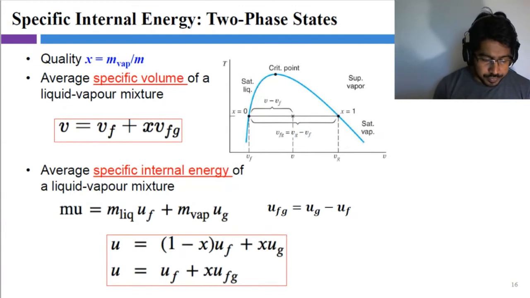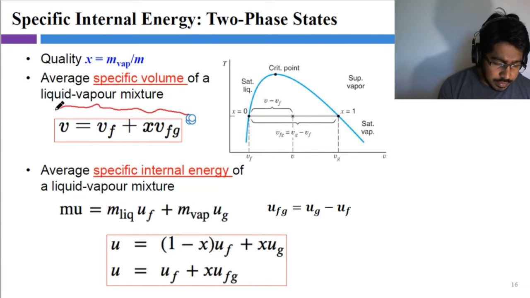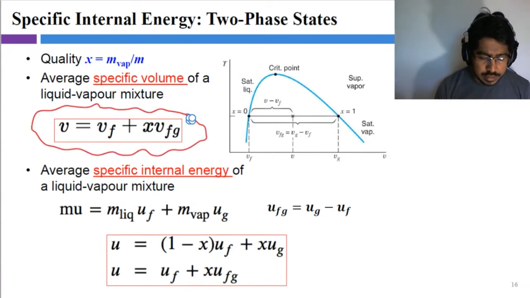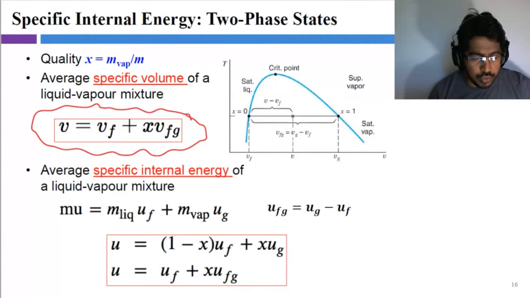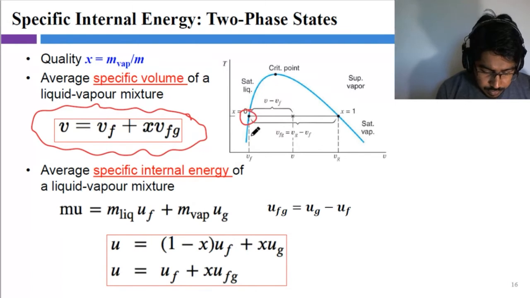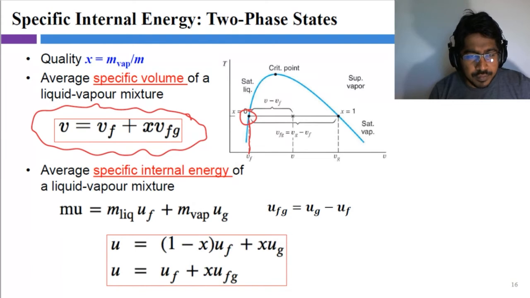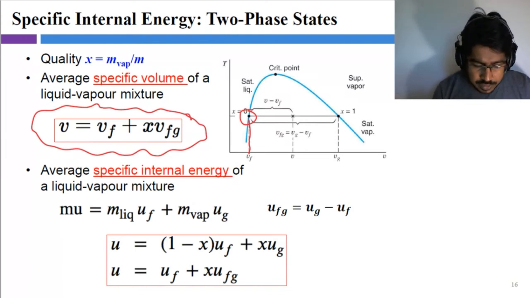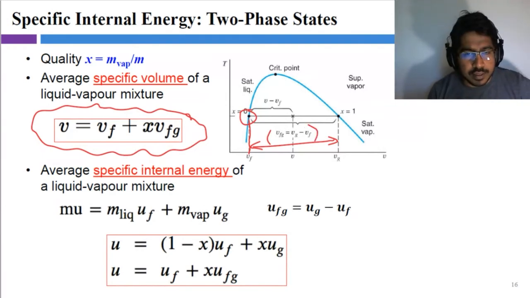So you remember for the two-phase region, we can write our specific volume using this equation, right? Specific volume is equal to vf, which is the specific volume on the saturated liquid line at that given pressure or temperature, plus vfg. vfg is this space, this distance. You have the vfg equation here, right?